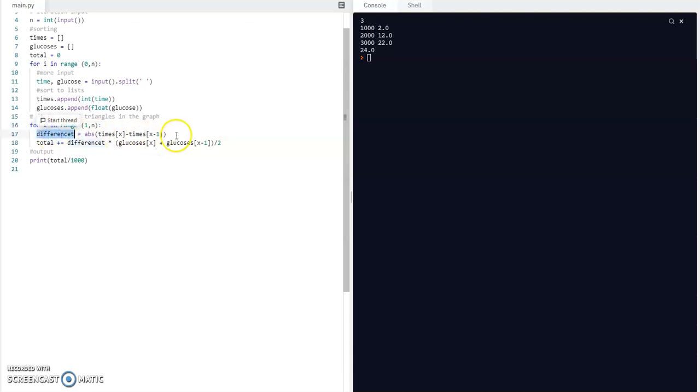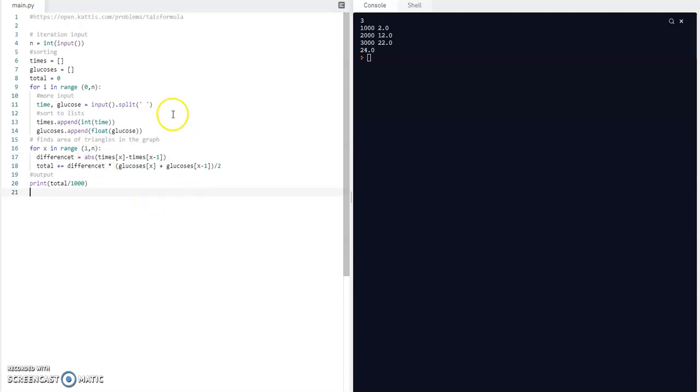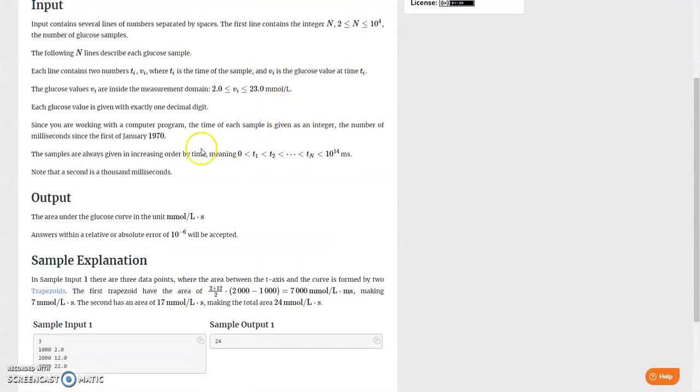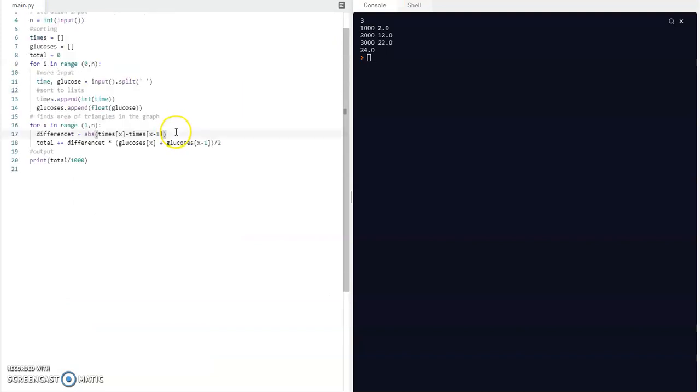I calculate the difference in time. I put an absolute value here as insurance. I'm pretty sure it's not possible, but I just had it there. And then I append the area of the trapezoid to the total.